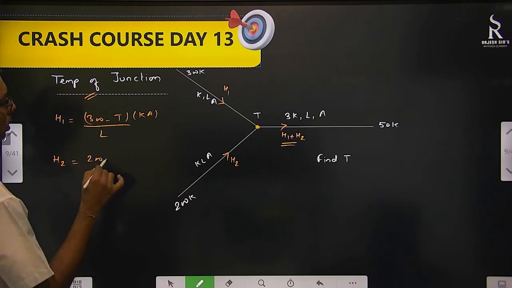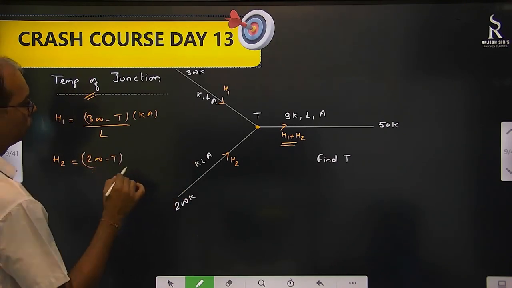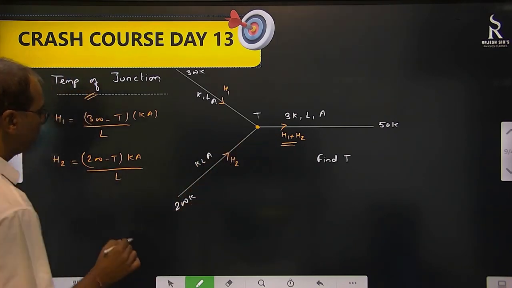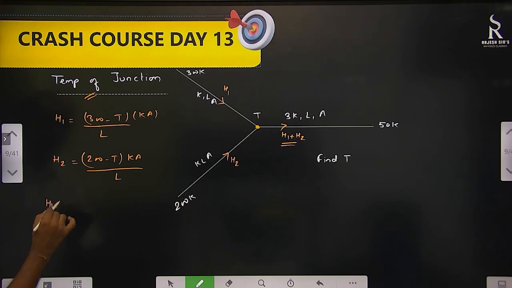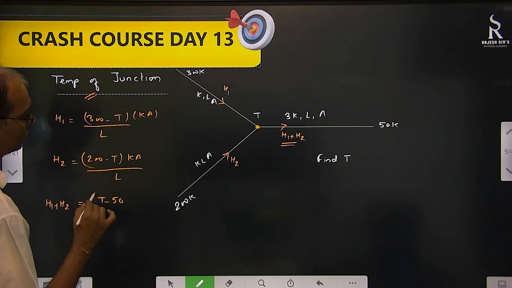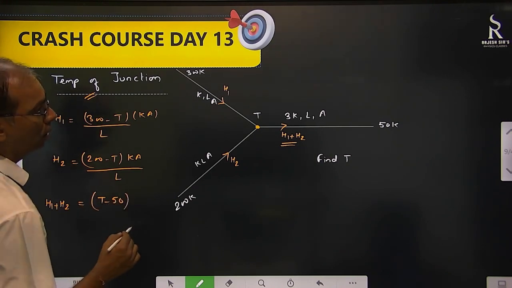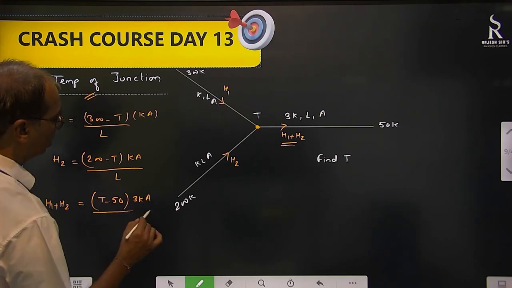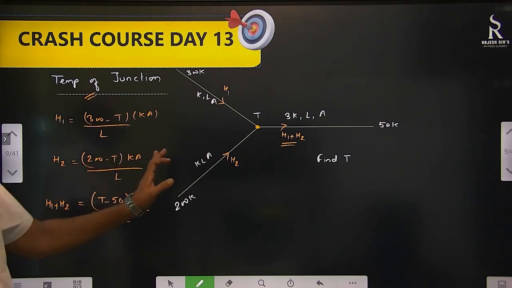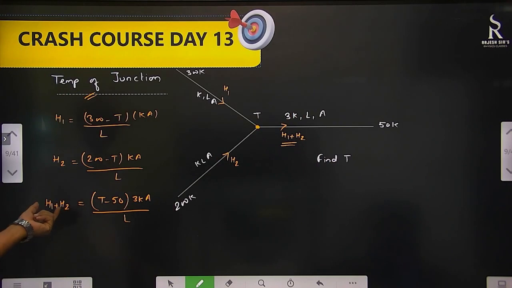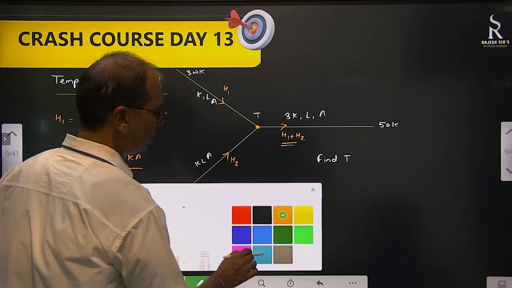H2 is 200 minus T, and here also KA by L. H1 plus H2 is equal to T minus 50, and there it is 3K, so 3K into A by L. All three currents I have written from the given data. Now what do I have to do? H1 plus H2, I have to keep over here.